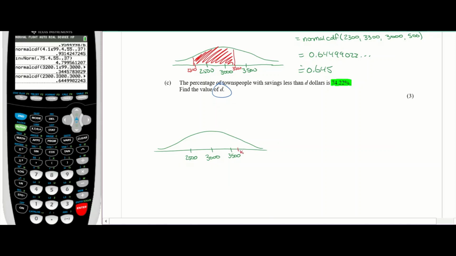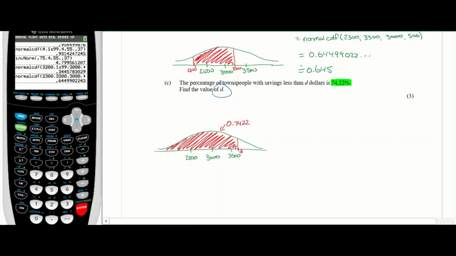So I think that cutoff's, oops, they asked us to label it D, so I'll do that. I think that cutoff's going to be somewhere over here. It definitely has to be to the right of the mean in order for this to make any sense. Because 50% would be in the middle, so 75% would have to be past the middle, and that will be the area I'm shading. Or 74.22%, I should say.